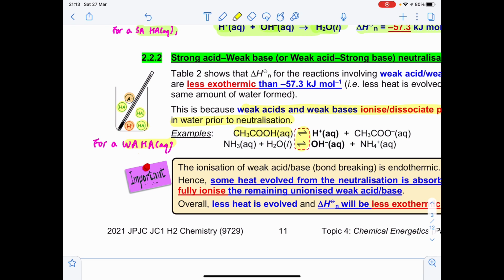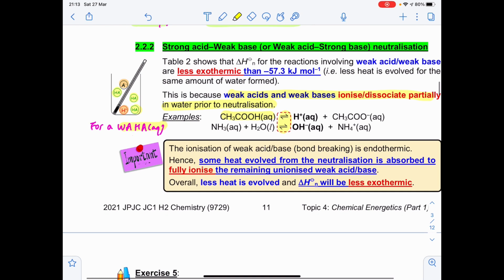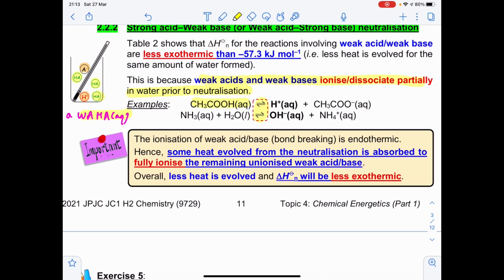So for a reaction involving a weak acid and a strong base, or a strong acid and a weak base, or a weak acid and a weak base, to form 1 mole of water from 1 mole of H plus and 1 mole of OH minus, some heat has to be absorbed to fully dissociate the unionized weak acid or weak base molecules.